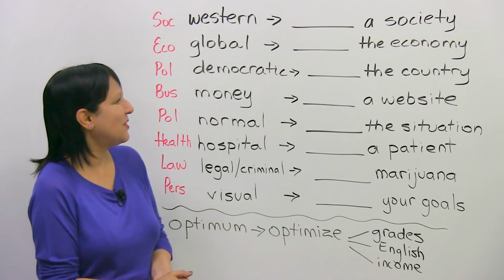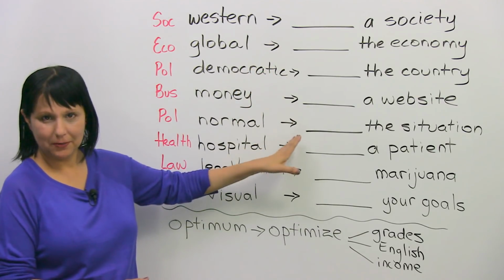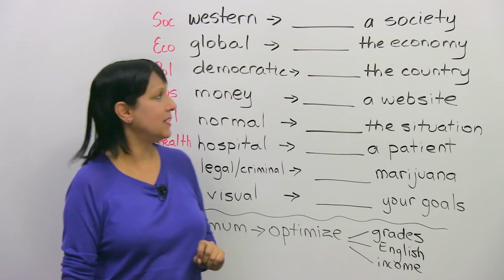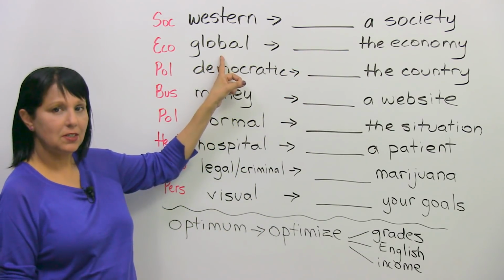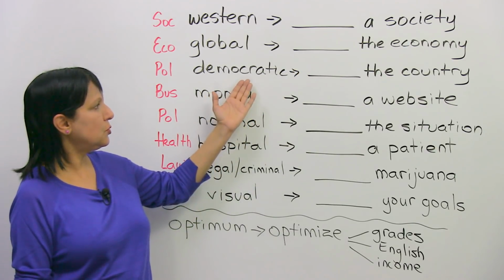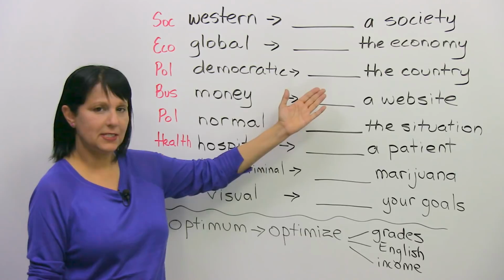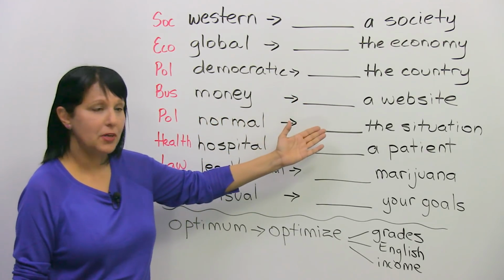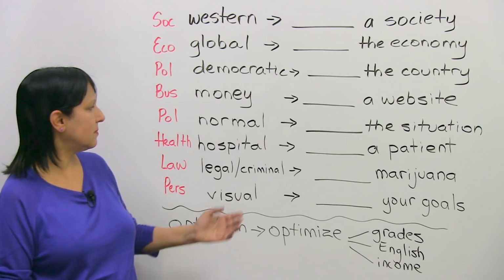All right? So, let's use the verb here. Okay? To westernize a society. To globalize the economy. To democratize the country. Money, monetize a website.